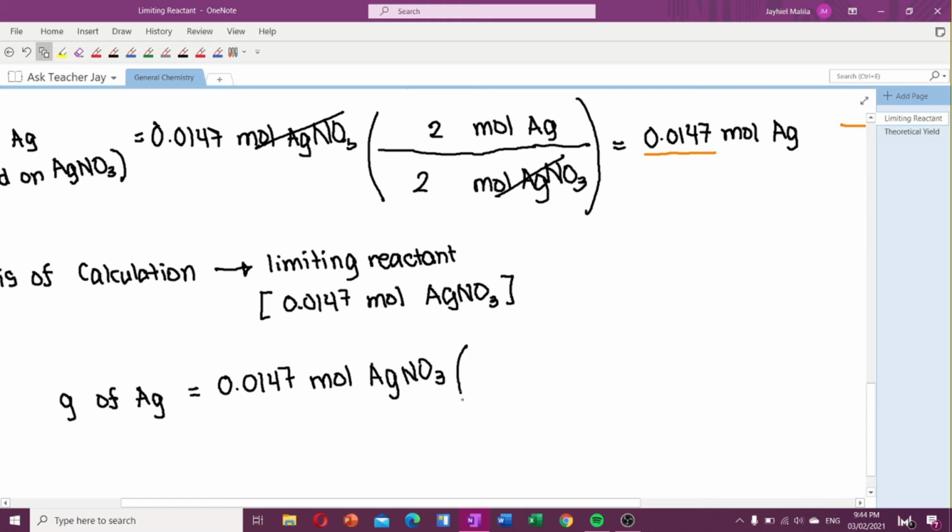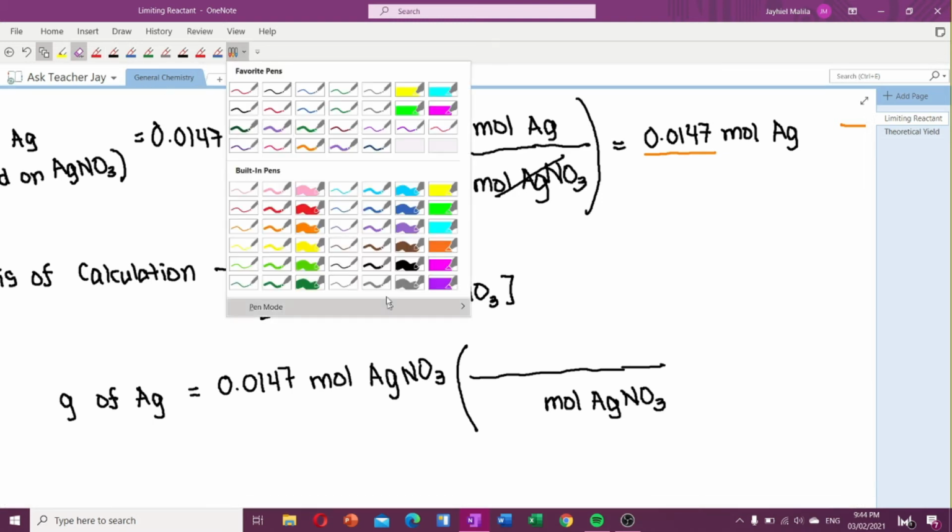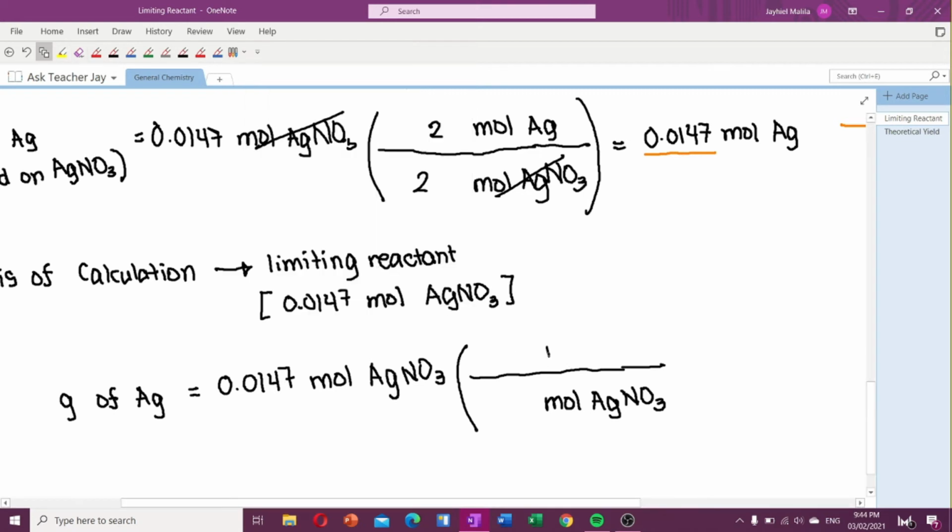Okay, the next thing that we're going to do is to convert the moles of AgNO3 to moles of Ag. Just like what we did here. I actually am just copying what I saw here at the top because the gist is just the same. We just need to convert AgNO3 to Ag. 2/2. Okay, cancel.